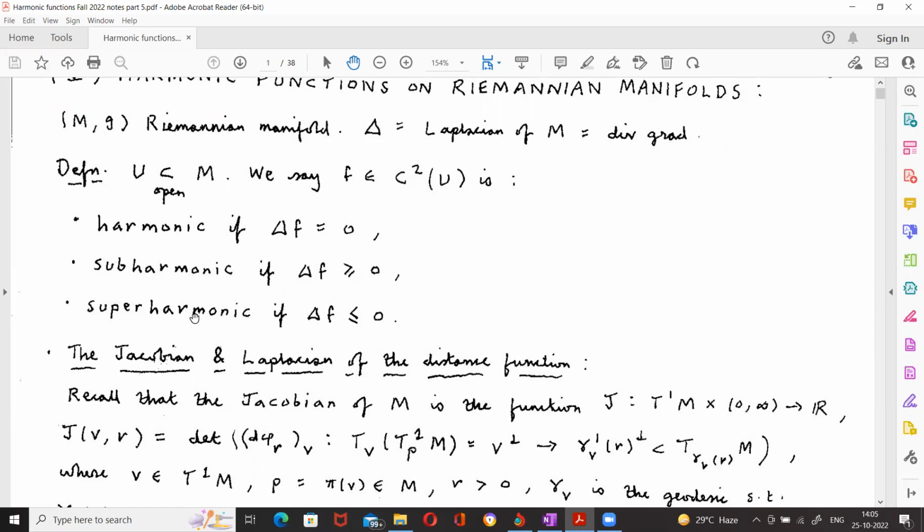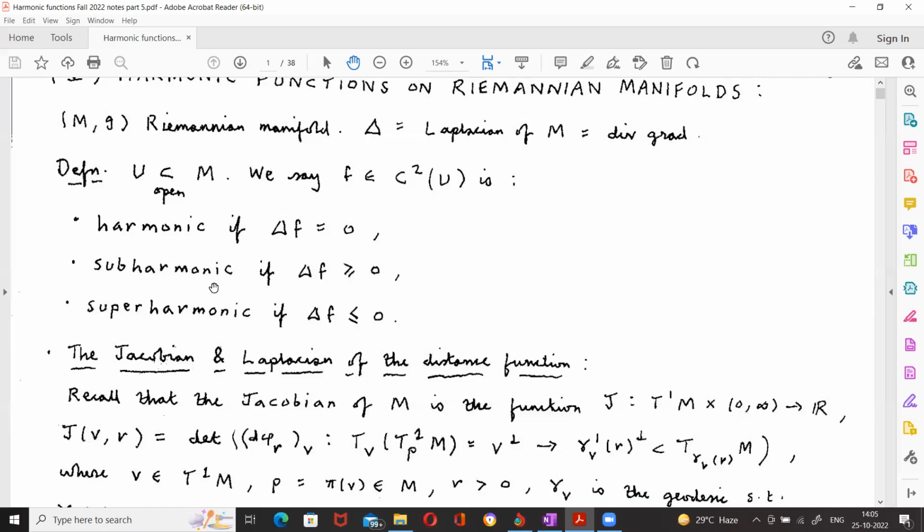There are two equivalent ways of doing this. So suppose the function is a C2 function. Then one way of defining convexity is to say that at each point, the Hessian, so that's a self-adjoint linear map, the Hessian is positive semi-definite at each point.